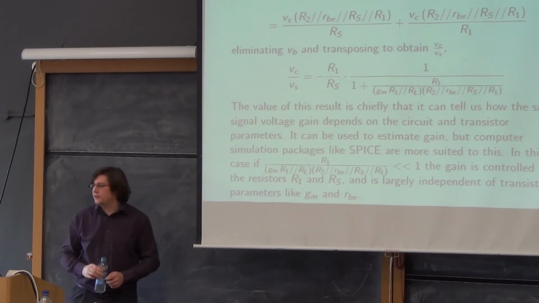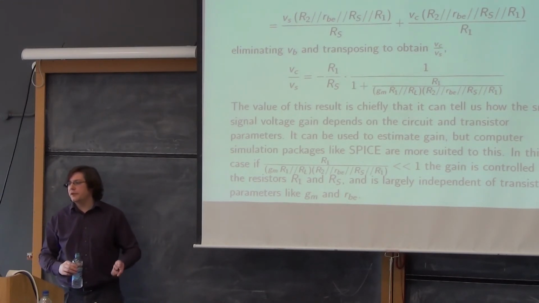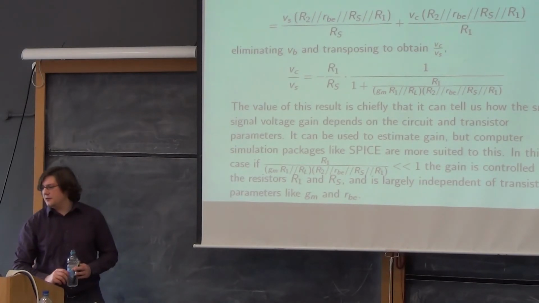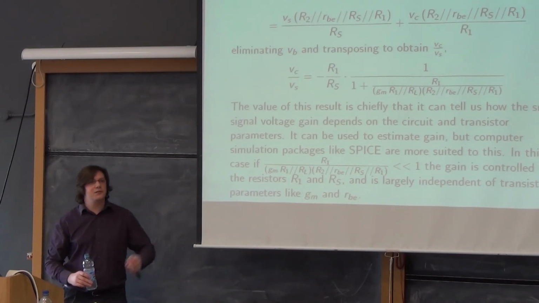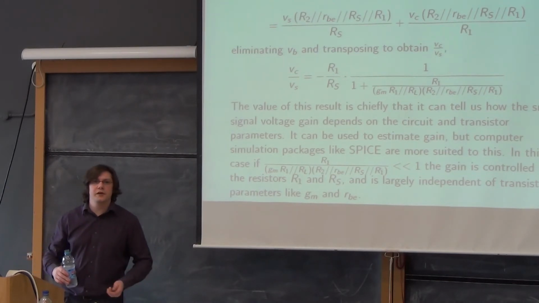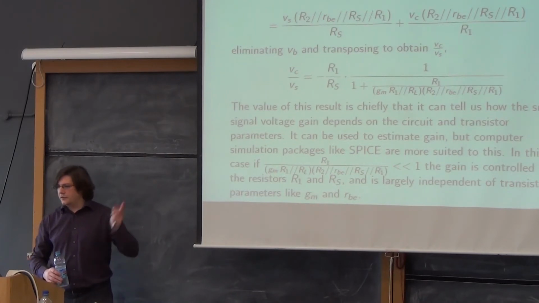And we'd have to use 5 and 3 to eliminate Vb. So eliminating Vb and transposing to get Vc upon Vs, which is the output voltage divided by the input voltage, which is a measure of gain, you end up with equation 6.